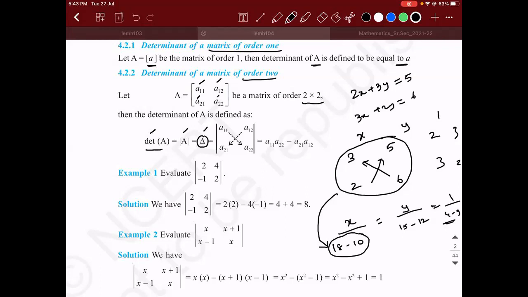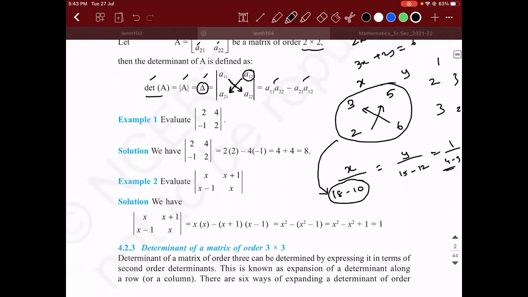You should start with the element on the top left corner and multiply that with the element at the bottom right corner. And the next set should be the top right corner multiplied with the bottom left corner, and you should subtract them. That's the basic cross multiplication, right?